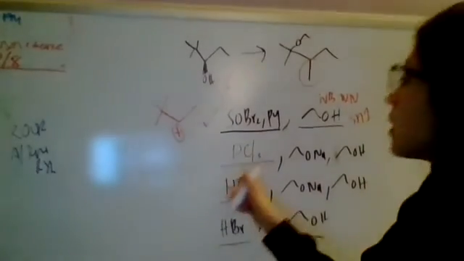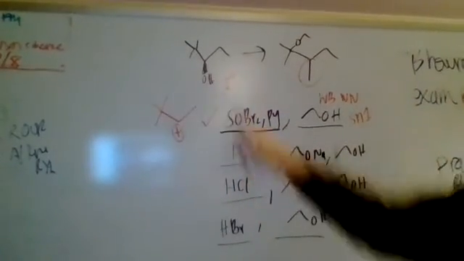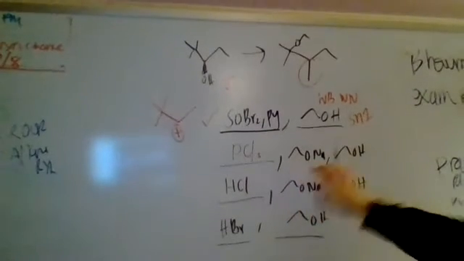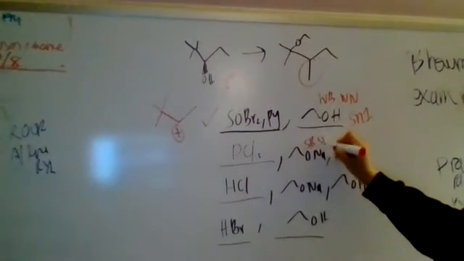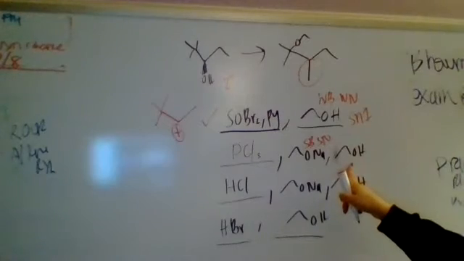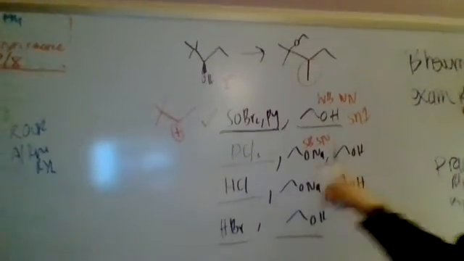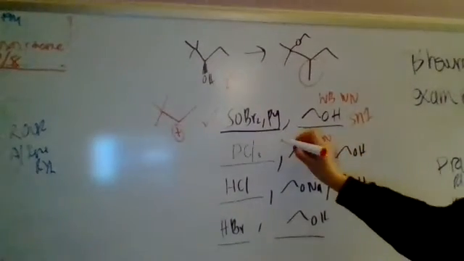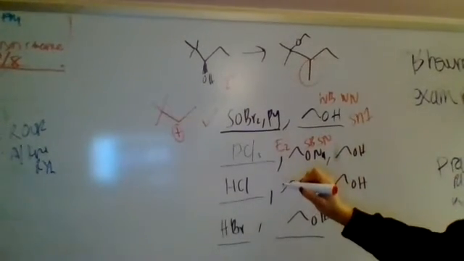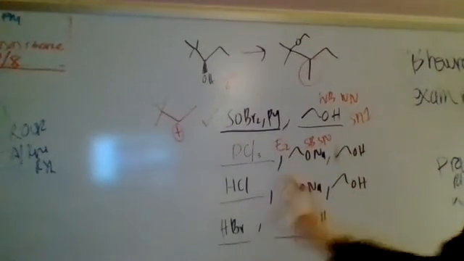Could work. This one, you're going to have a good leaving group again, you'll have a Cl instead. But this is a strong base, strong nucleophile, and a protic solvent. At a secondary position, the major product would be the E2 product. So that one can't work.